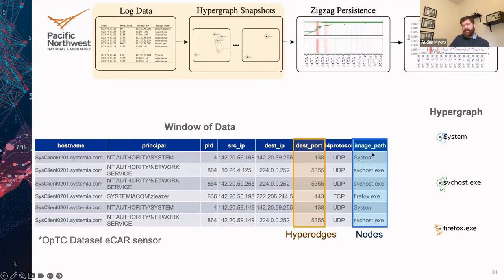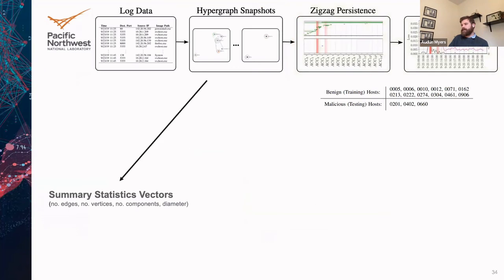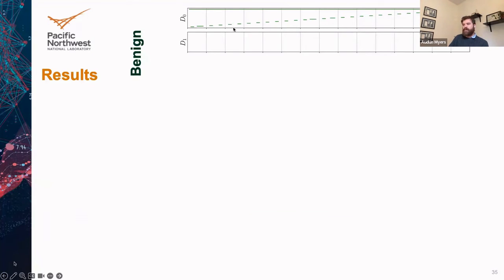System is an executable that's called almost constantly, so it's almost always going to be there. That's going to force that component to be there. Versus there might be background operations such as 5355 and svchost that only happen every 5 minutes, let's say. And that's what causes these short intervals.